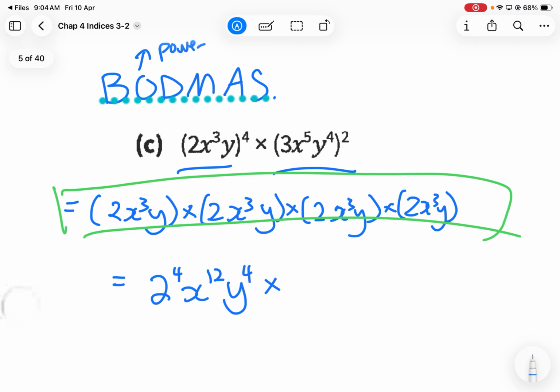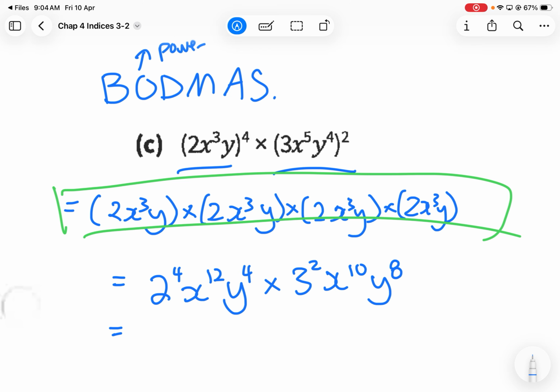Then multiply 3 to the power of 2, x to the power of 10, y to the power of 8. Then 2 to the power of 4 times 3 to the power of 2.